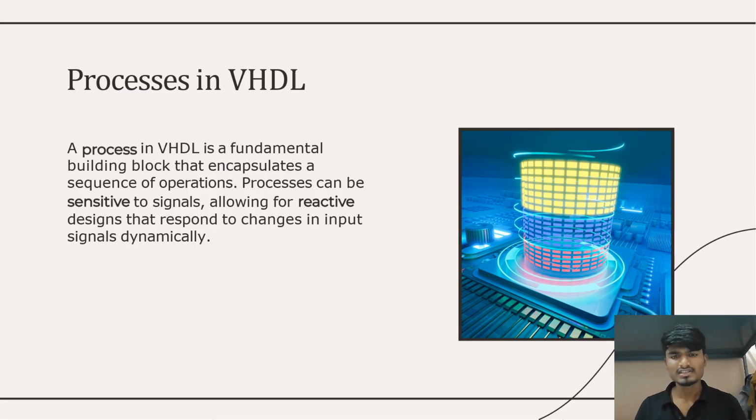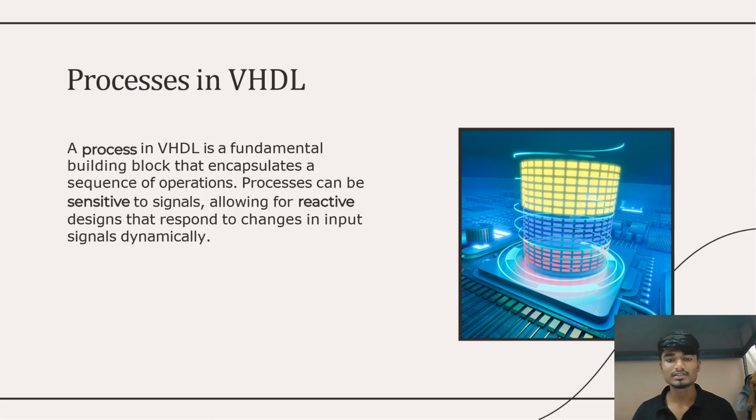Sensitivity list: the sensitivity list specifies the signals that trigger the execution of the process. Whenever a signal in the list changes, the process is executed. If the sensitivity list is omitted, the process will execute indefinitely unless controlled by an internal wait statement.